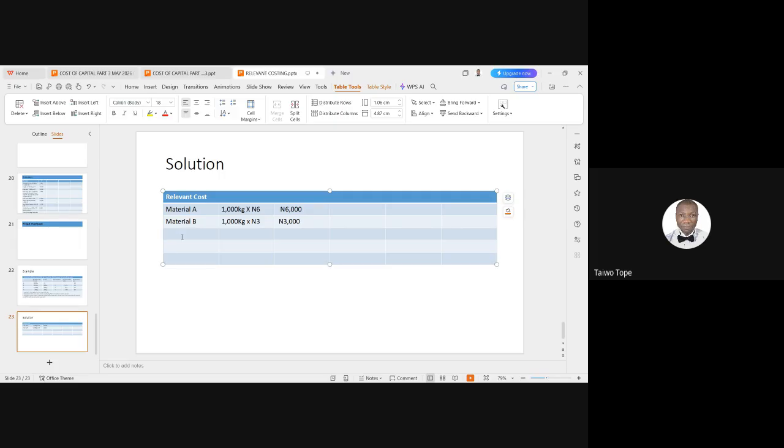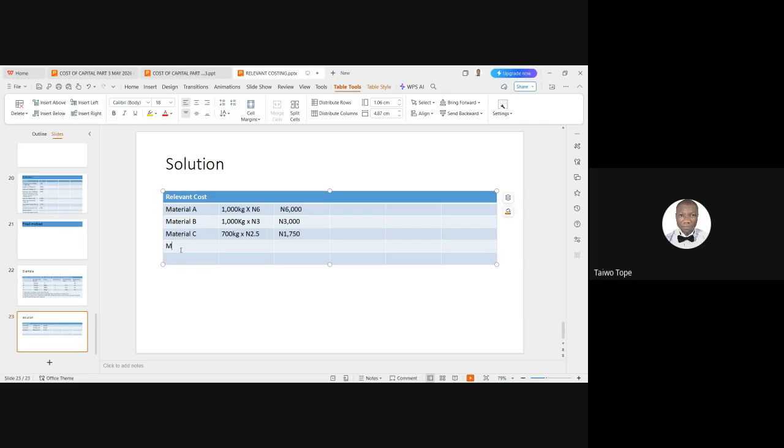Material C. We have a split here. 700 kg is in stock, and the relevant cost related to this is 2.5, explained already. 2.5 in relation to 700 kg, we have 1,750.